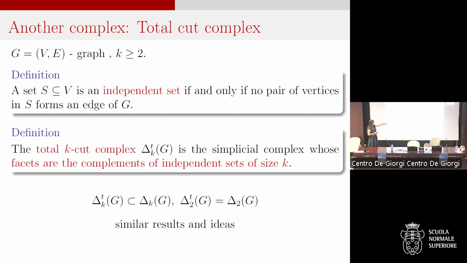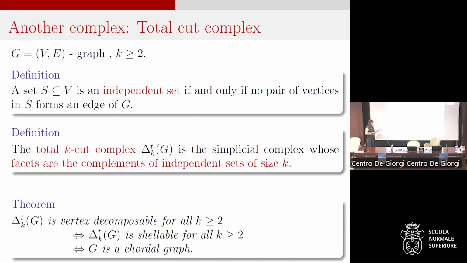The facets there are complements of independent sets of size k. And of course, this total cut complex is always just a subcomplex of what we started with. For k equals 2, they coincide. And there are similar results, similar ideas. And we prove this generalization.